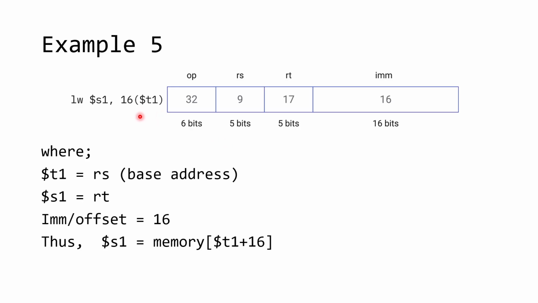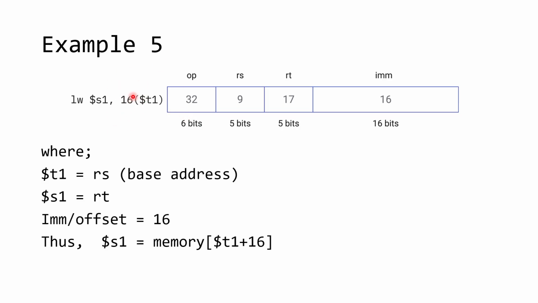For example, load word. Load word means that it must be in a 4 bytes multiplication. So here the immediate is 16 as the offset, and the content inside t1 is the base address. Let's say there's an address 0x10010000, and then we add it with 16.